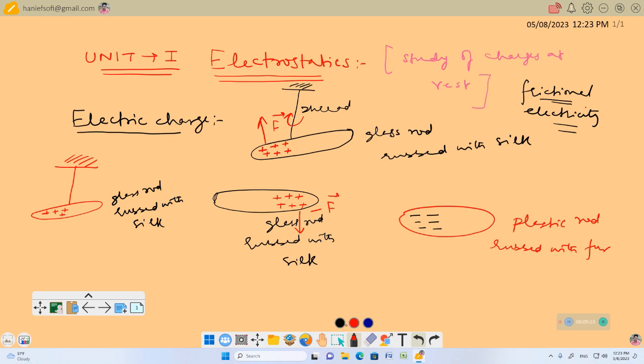Now I have a plastic rod rubbed with fur. This is my plastic rod rubbed with fur, so it has negative charge. What will happen? They will attract each other.